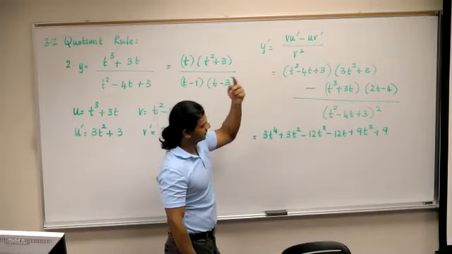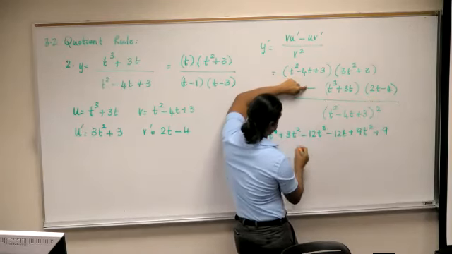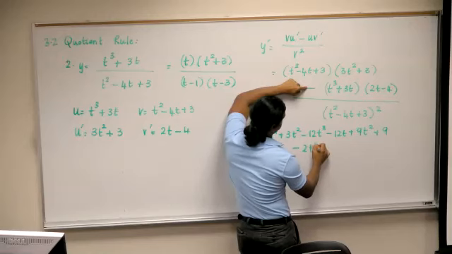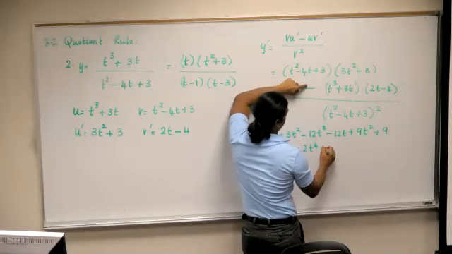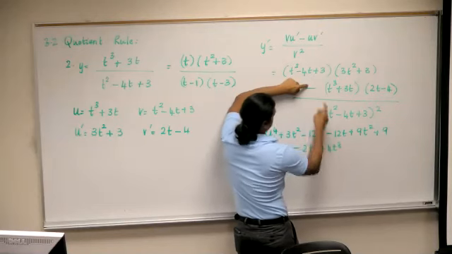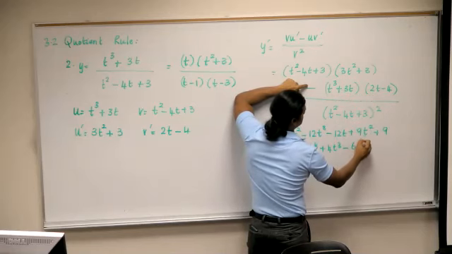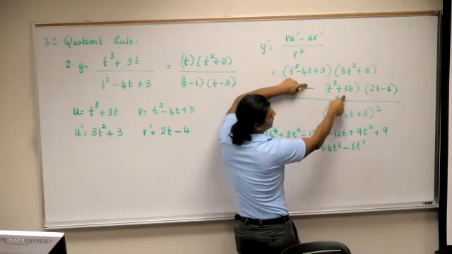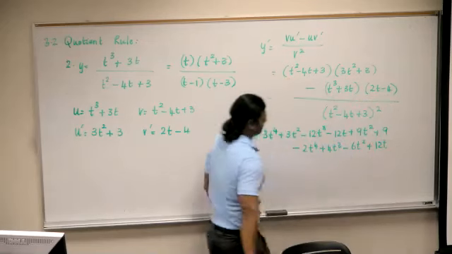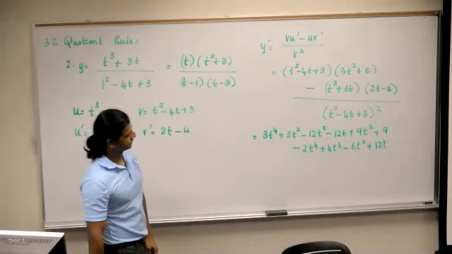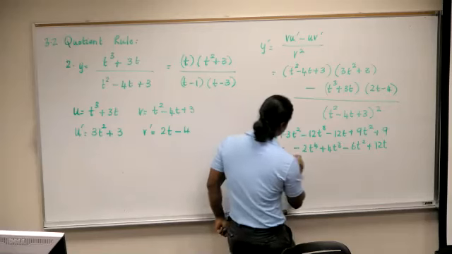Good. Same process. Negative t cubed times 2t, negative 2t to the fourth. Negative t cubed times negative 4, positive 4t cubed. Negative 3t times 2t, negative 6t squared. Negative 3t times negative 4, plus 12t. Good. Divide the entire thing by V squared.